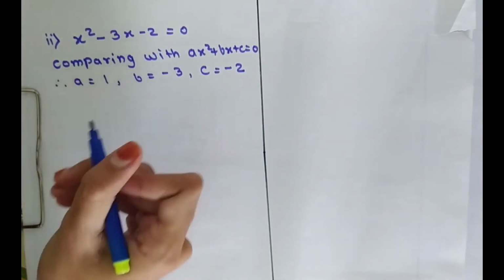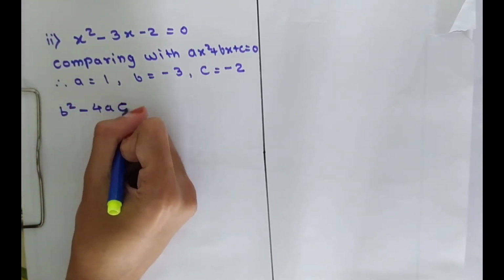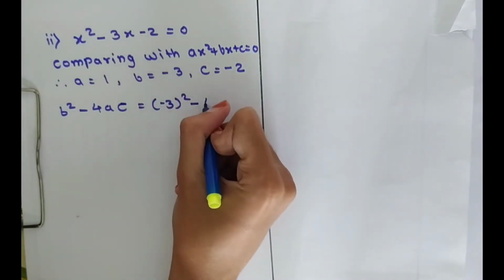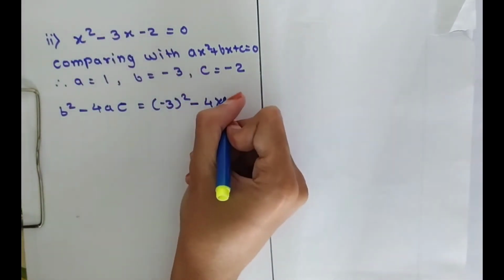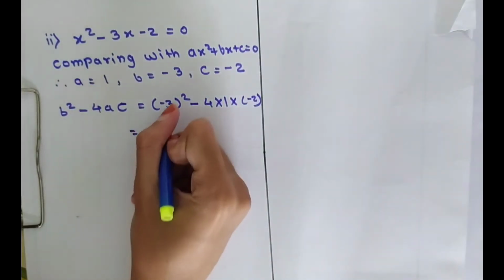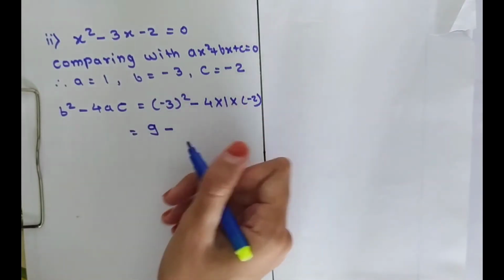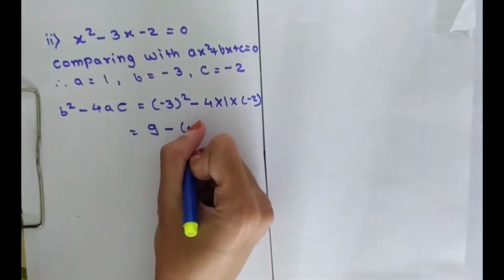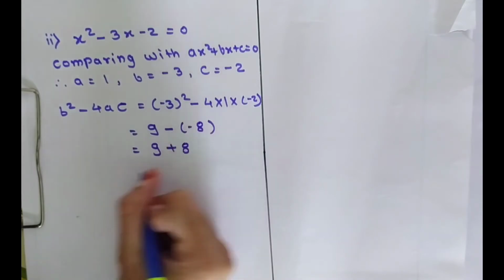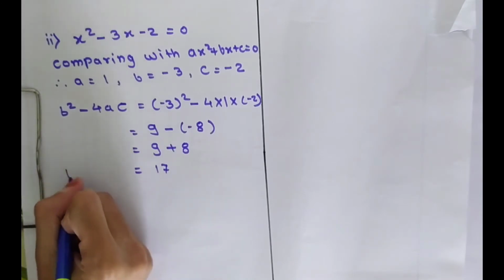Now find b square minus 4ac first. b square minus 4ac is equal to, b square is minus 3 square minus 4 multiplied by a is 1 multiplied by c is minus 2. So minus 3 square is 9, minus 4 into minus 2, that is minus minus plus 8. 9 plus 8 is 17. So b square minus 4ac is 17.